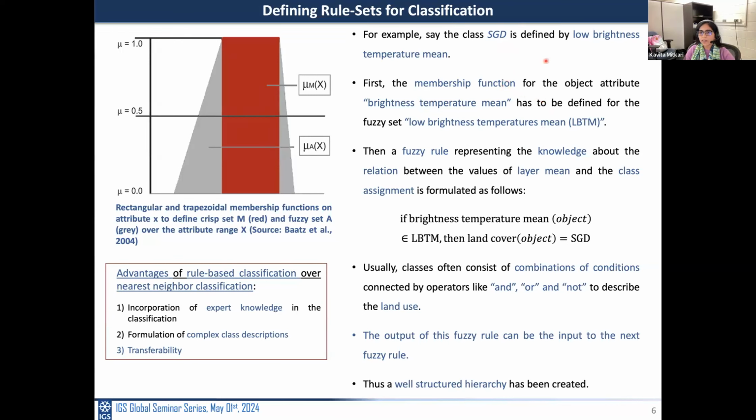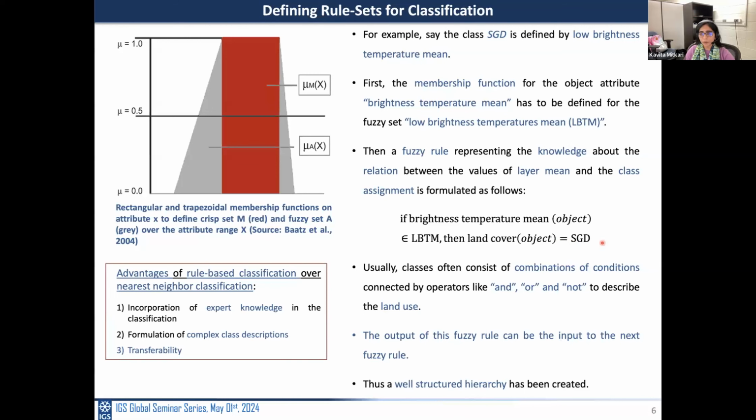So I will consider this particular attribute to form a rule set, and based on the analysis, consider that the value of this SGD class can lie between 0 to 260 brightness temperature value. Then the rule set would be: if the brightness temperature of that particular object belongs to this range, that is the low brightness temperature mean value, 0 to 260, then that object will be classified as SGD.